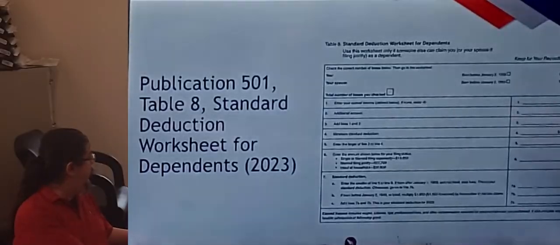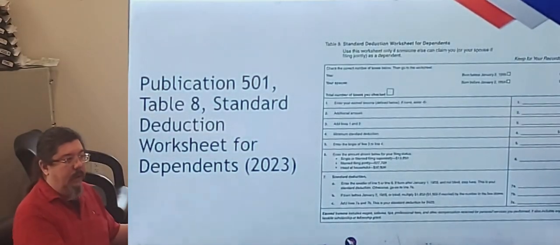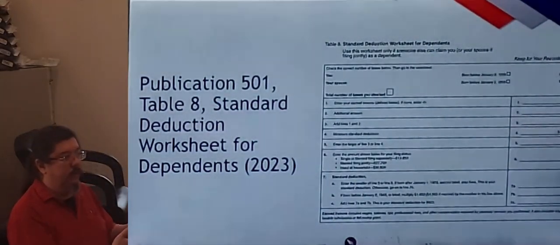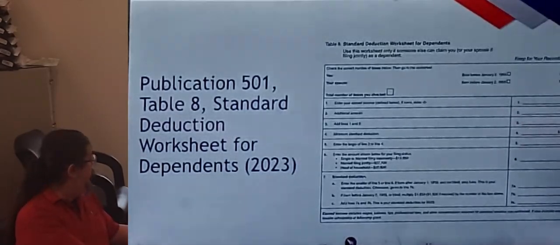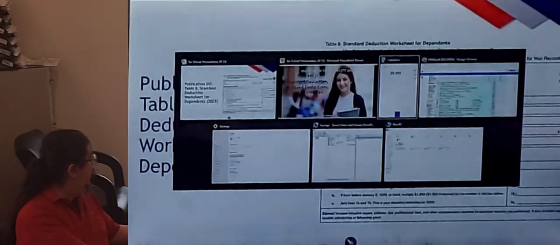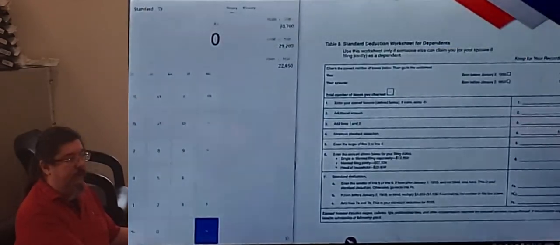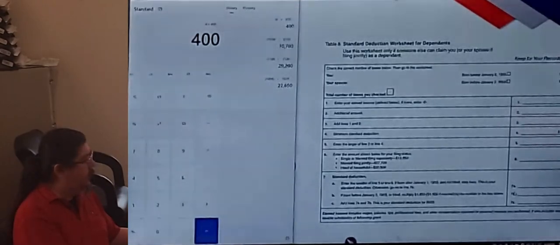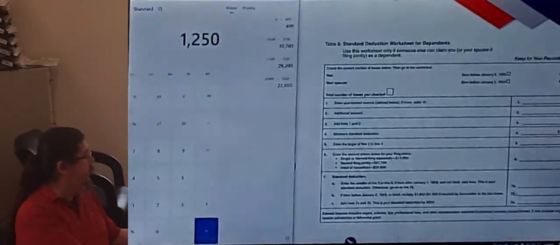For example, if I wanted to claim my grandmother as a dependent, and she's an Alaska resident, and her only income is the PFD, assuming she qualifies under all the other qualified relative rules, then her standard deduction would be her earned income, which is 0 plus 400. Well, because that's less than 1,250, we clip it into that range, so now it's 1,250.